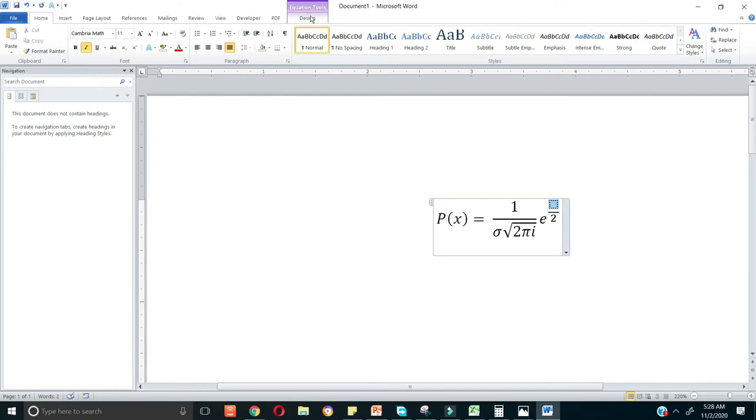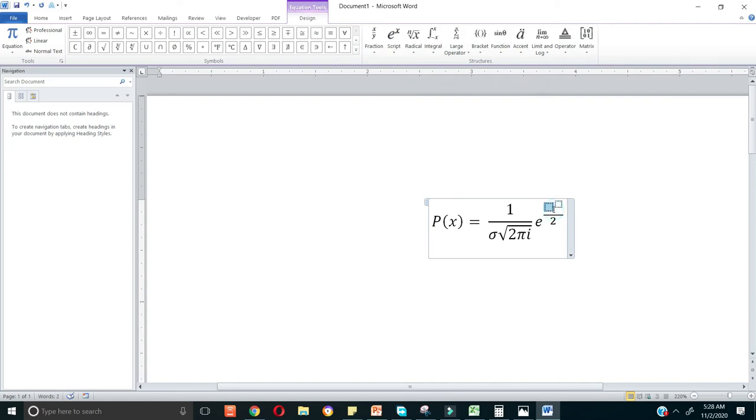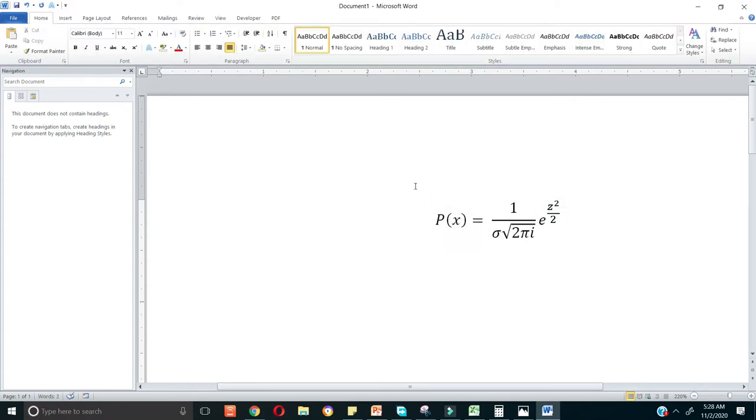Normally we refer to this x as z, or the z value. So for a standard normal distribution, this is going to be the formula for the probability distribution function.